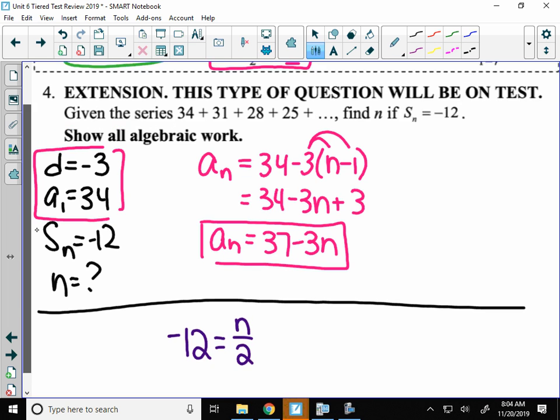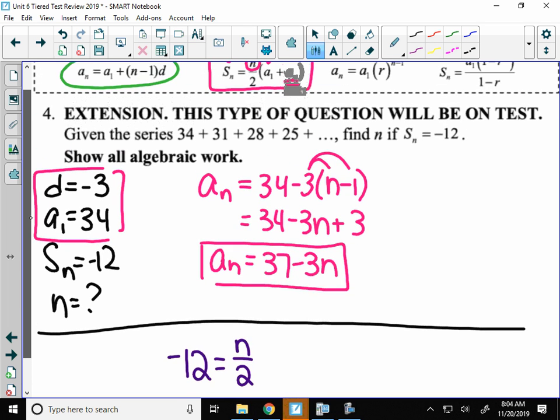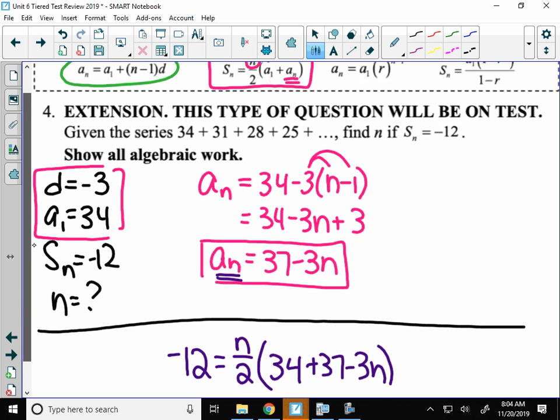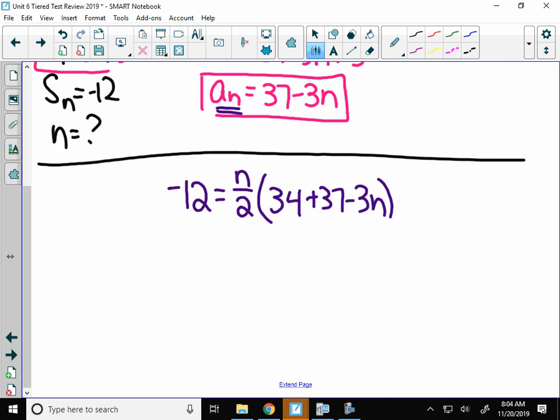I'm just following that S sub n formula. Times the first term, which is 34, plus a sub n. Well, a sub n is 37 minus 3n. Now, the good thing about this formula is that the only variable now is n. That's the variable I'm looking for, so I can go ahead and solve this.